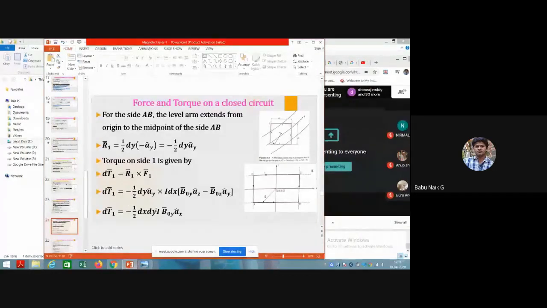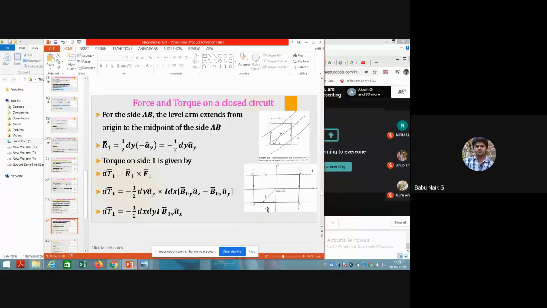Now A cap y cross A cap y, being the same axis, gives 0. A cap y cross A cap z gives A cap x. It is not a dot product, it is a cross product. It is already minus here, so we get half dx dy I B y naught A cap x.